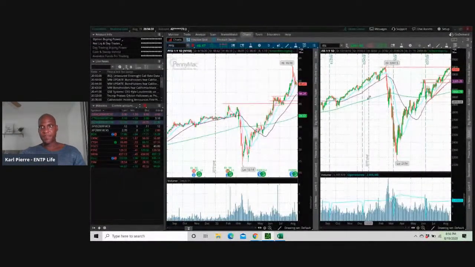So this PFSI, compared to the market, crashed at the same time, everything got hit, right? When it rebounded into new highs for the year on June 16th, the market on June 16th was actually pulling back, okay?